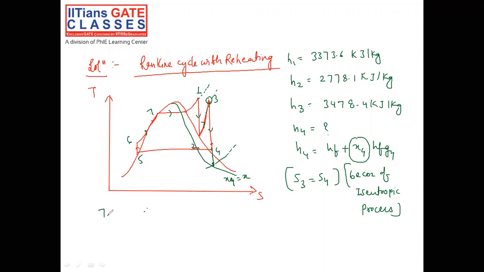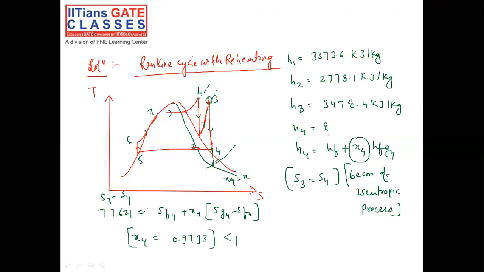So S3 equal to S4, 7.7621 equal to SF4 plus X4 times (SG4 minus SF4). If you calculate X4, you are going to get 0.9793. That means it is less than 1, so it is lying inside the curve, inside the dome.